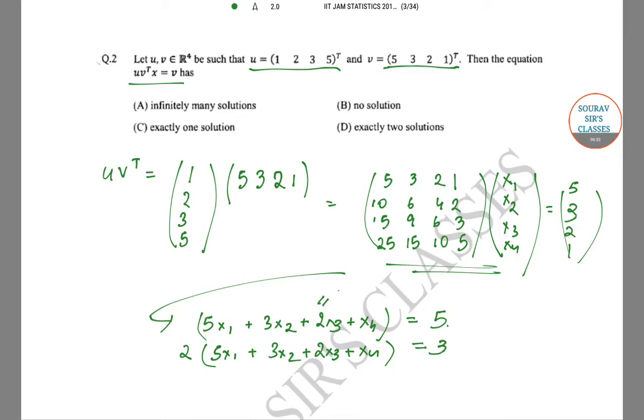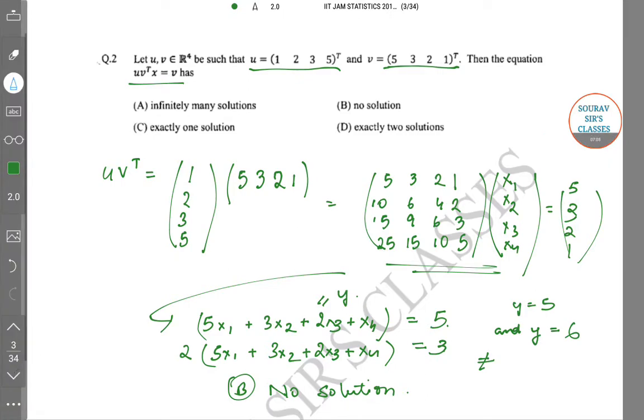So if we call this y, y equals 5 and y equals 6, which cannot happen. Therefore, we see that there can exist no solution such that this matrix satisfies it. Hence, B, no solution, is the correct answer.